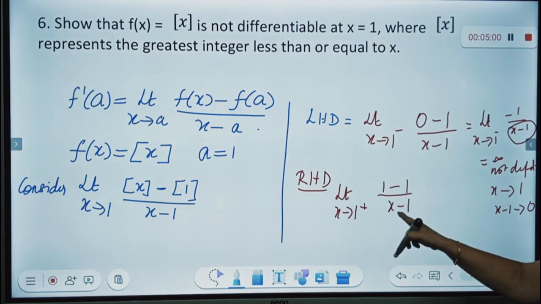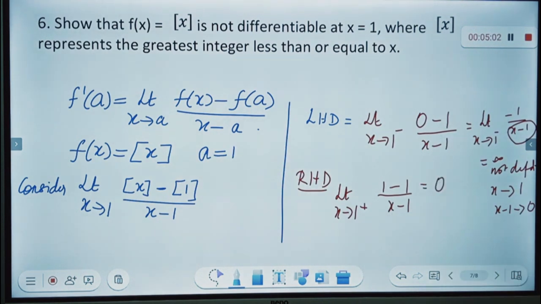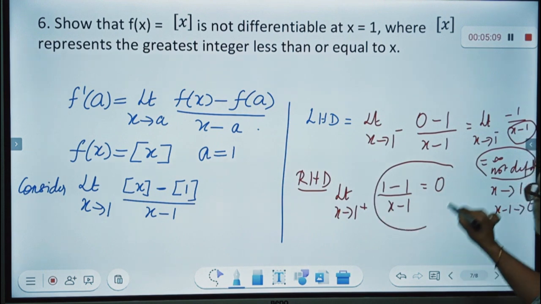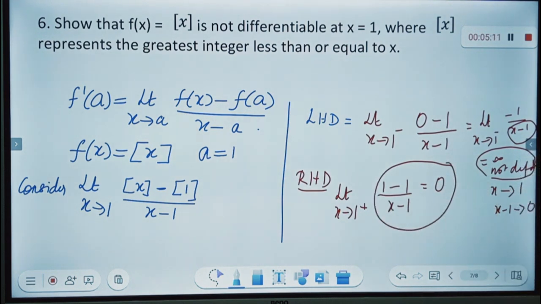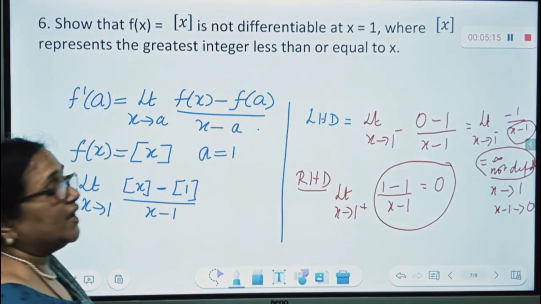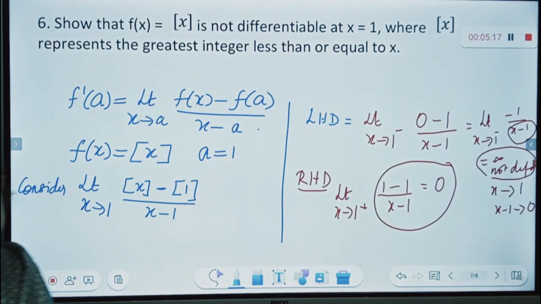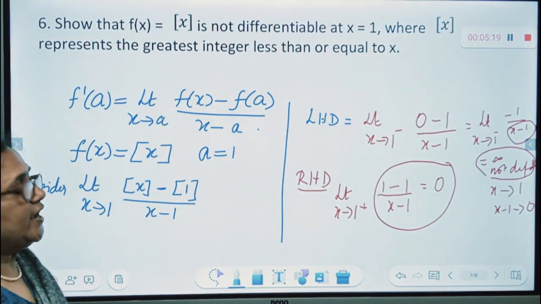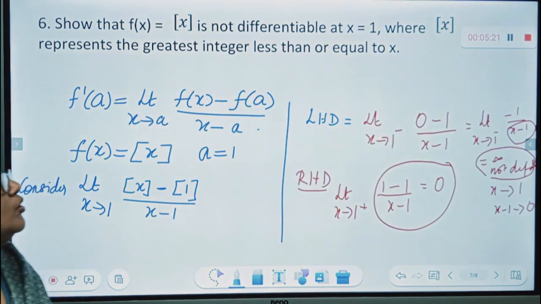As you know, x only tends to 1, so this is 0. So the left hand derivative is not defined, infinity, while your right hand derivative is 0. So f is not differentiable. The square bracket x is not differentiable at x equal to 1. In fact, it is not differentiable at any integral value because a similar argument will hold good.